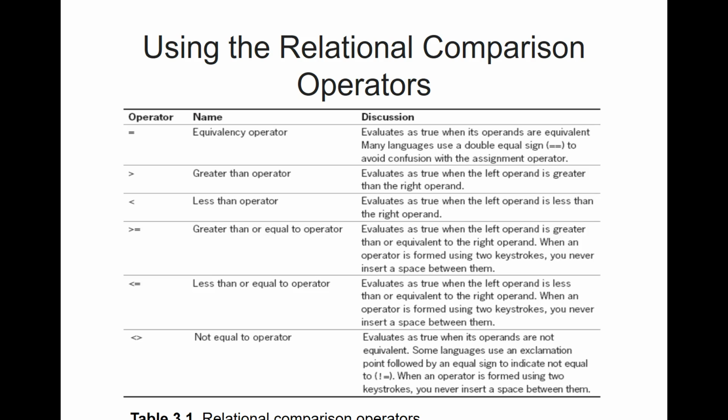So if I had 4 is equal to 4, that evaluates to true. If I have a greater than operator, that says the thing on the left is greater than the thing on the right. Less than means the opposite.